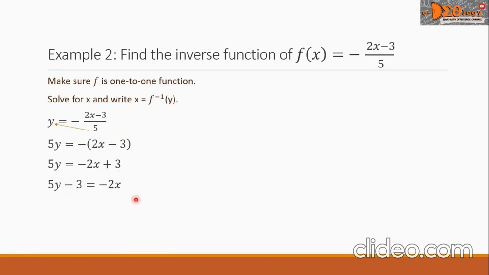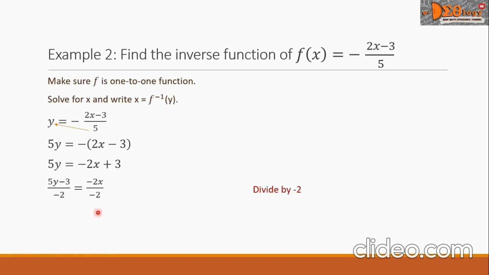To simplify further, I want this x to be alone, meaning the coefficient should be 1, so I'm going to divide both sides of the equation by the coefficient of x, which is negative 2. So this negative 2x divided by negative 2, and the other side is 5y minus 3 divided by negative 2.